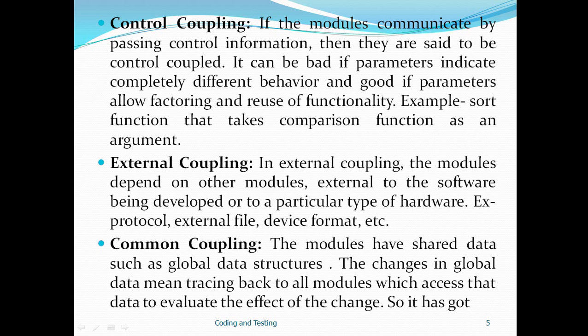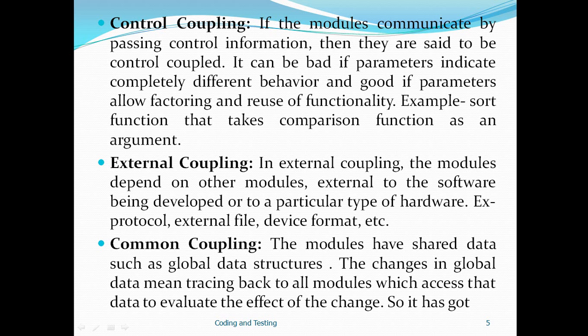Now we come to the next one, external coupling. It is based on hardware or devices. Two modules are coupled together: one is software, the other is hardware. It is hardware dependent.